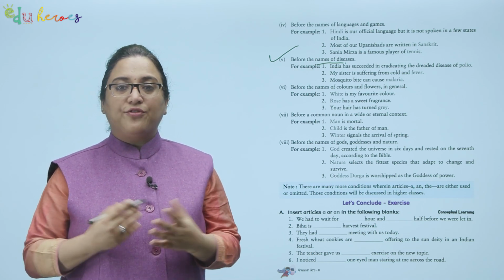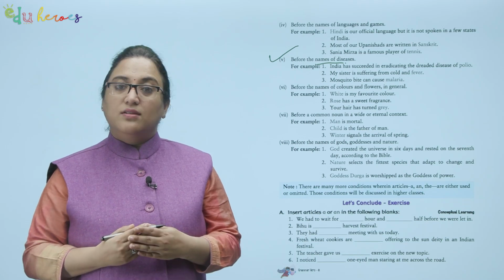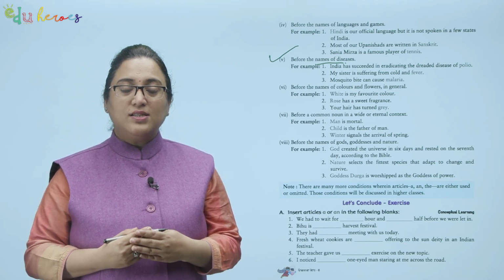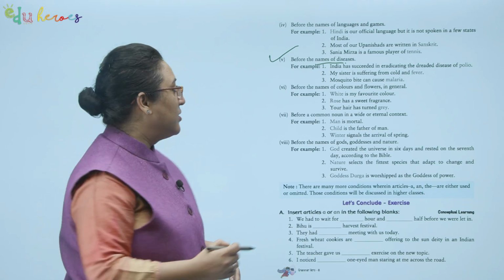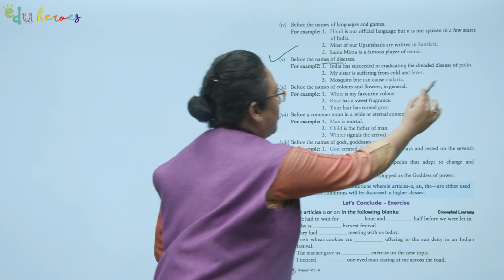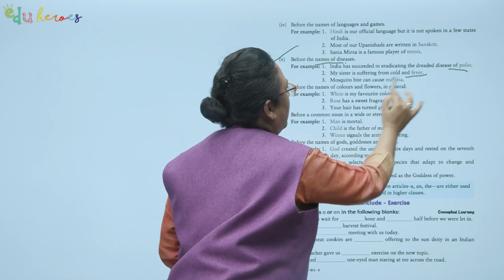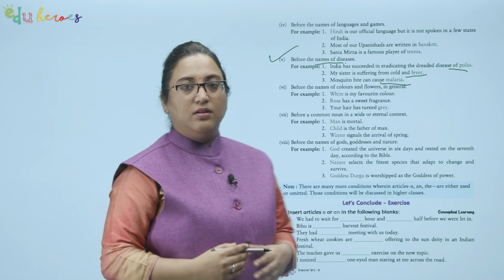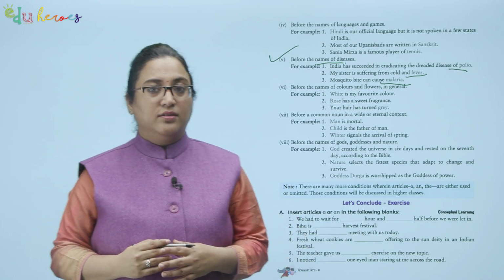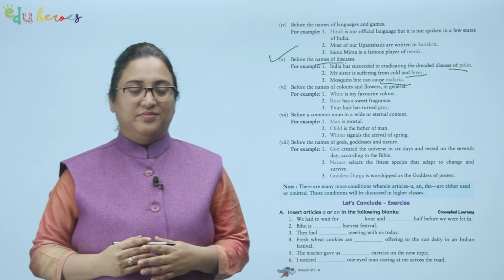My sister is suffering from cold and fever. Mosquito bite can cause malaria. So in these sentences, before these diseases, polio, fever, malaria, none of the articles are required.